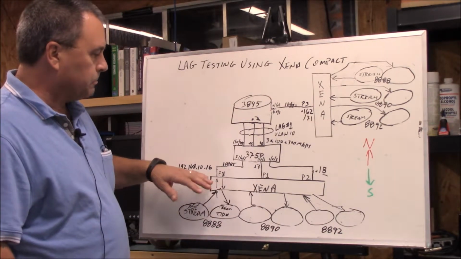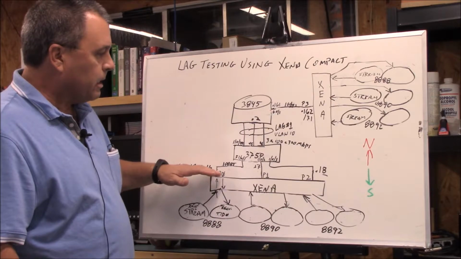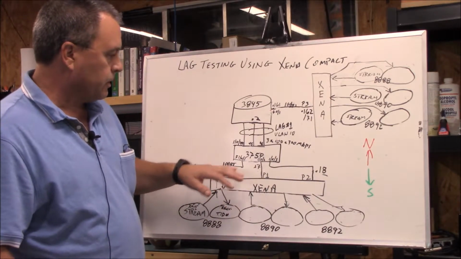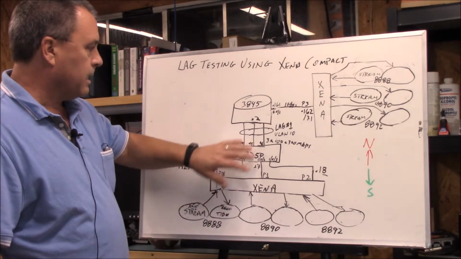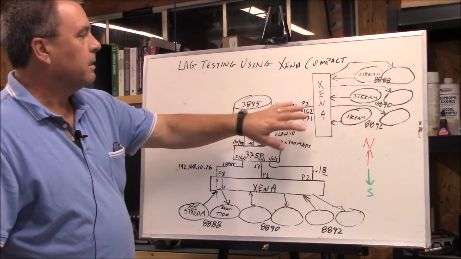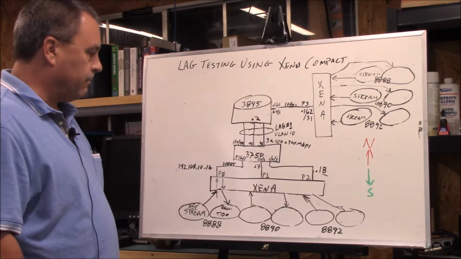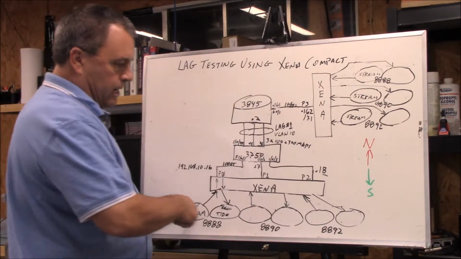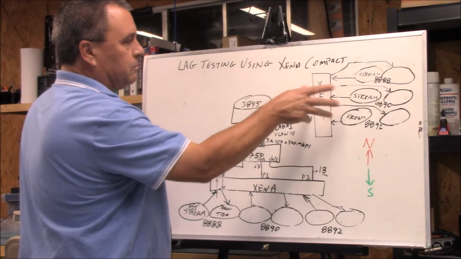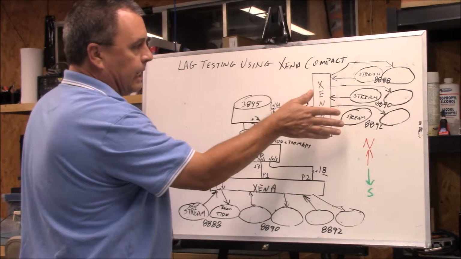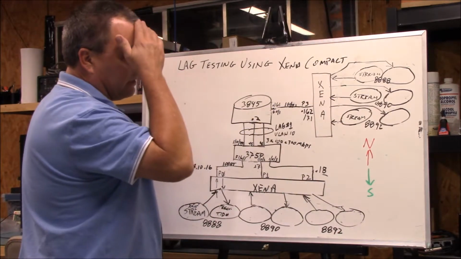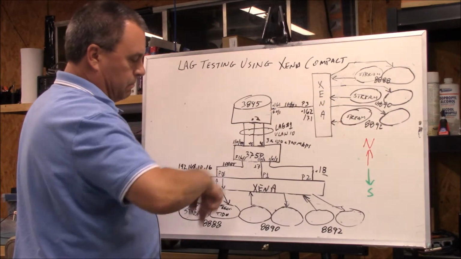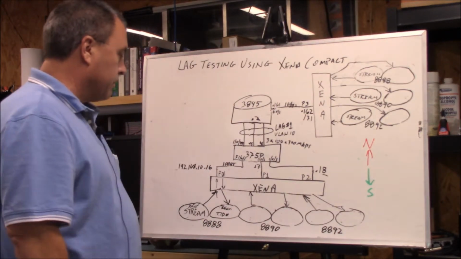Basically, we have the Xena and 4 ports 0, 1, 2, and 3. The first 3 are tied into the Ethernet switch. The last one is tied into the 3845, and we're going to create 6 streams, send them across our lag and to the gig port on the other side, and then have duplex traffic coming back.